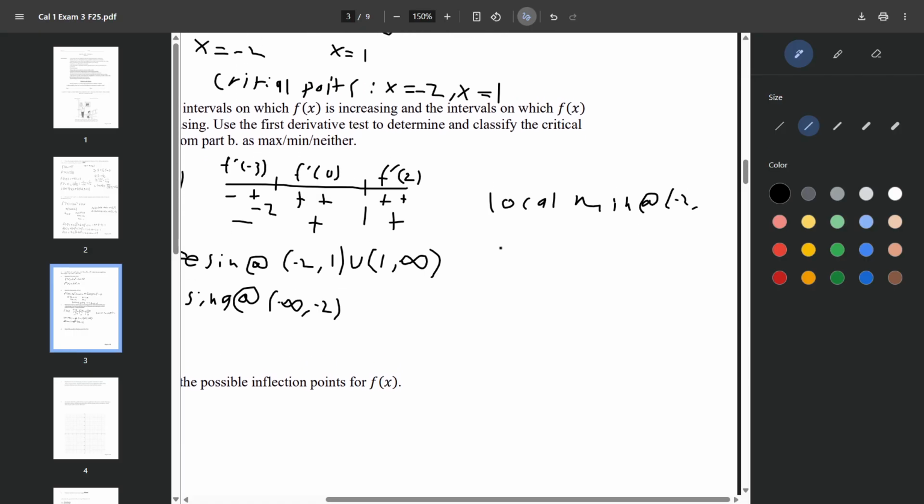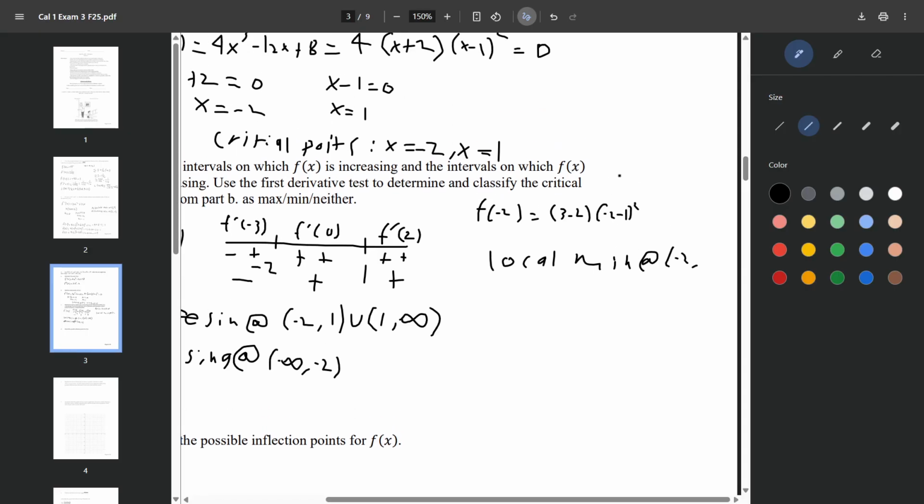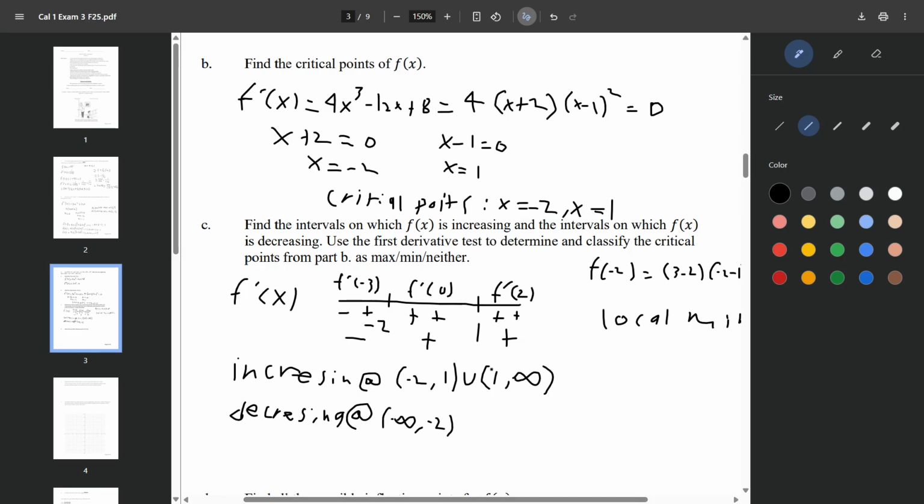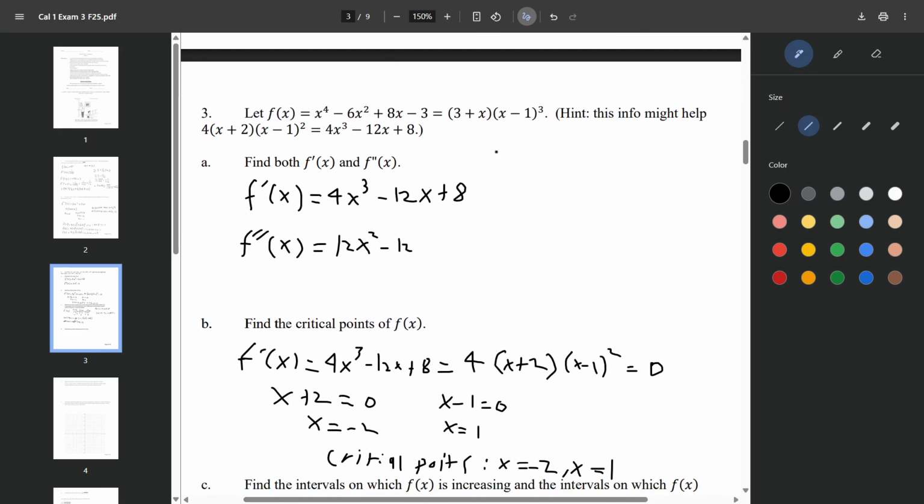So we will calculate it by putting f of -2, and that will be equal to 3 minus 2, -2 minus 1 squared, if we remember from our original equation.